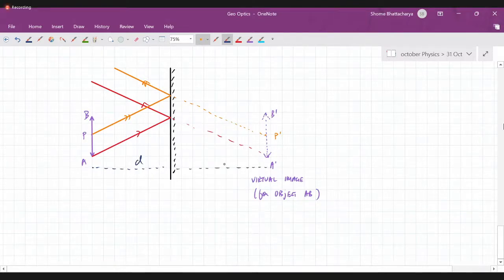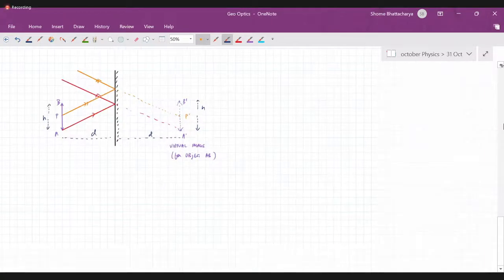This height is equal to this height. So an extended object will produce an image which is of the same size. Okay.